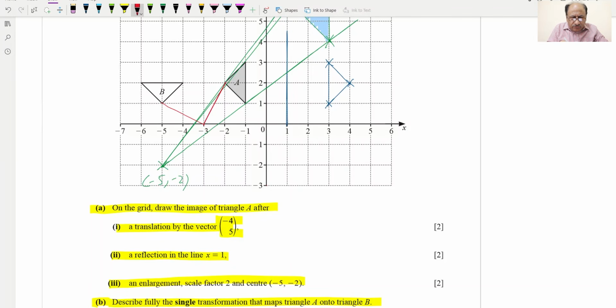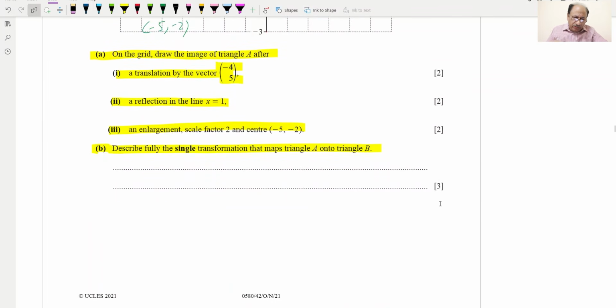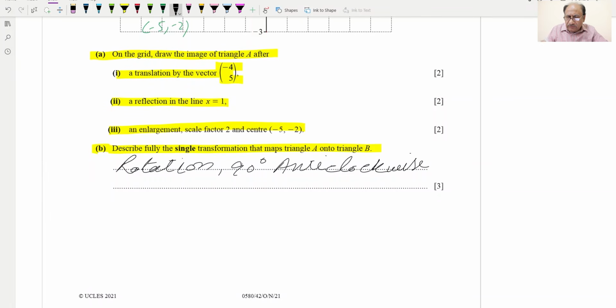If we draw these two lines, these two lines are meeting at the point -3 and 0, and this is 90 degree, so it will be rotation. Our answer will be rotation 90 degree, anti-clockwise, about the center, or you can just mention the point also, which is this.